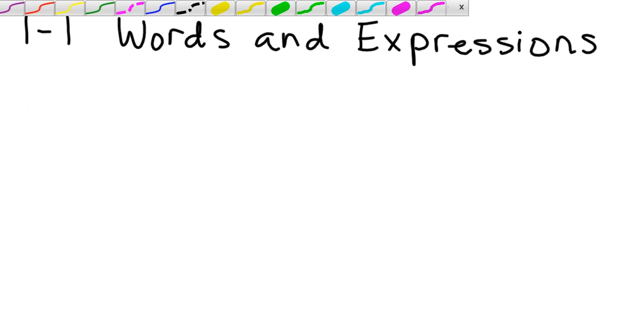Mathematically, there are a lot of key words that we want to go over. We are looking at things that will mean the same terms. For example, if I'm going to add, there are multiple words that could mean the same as addition.